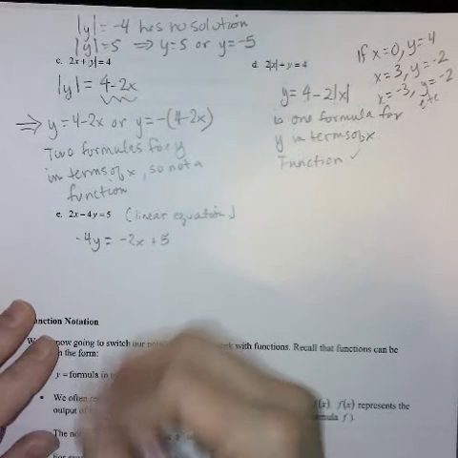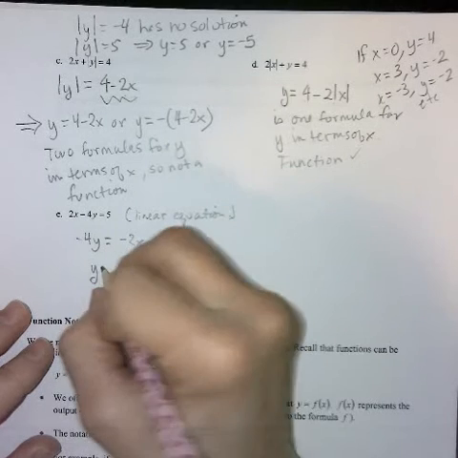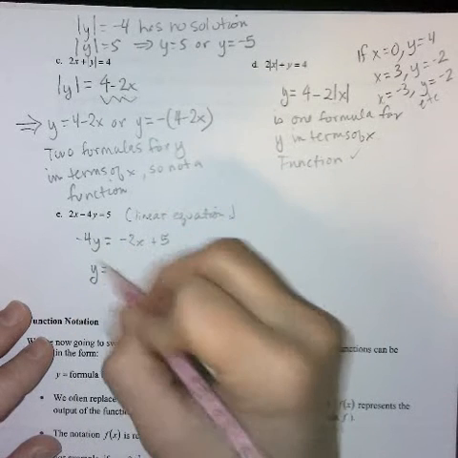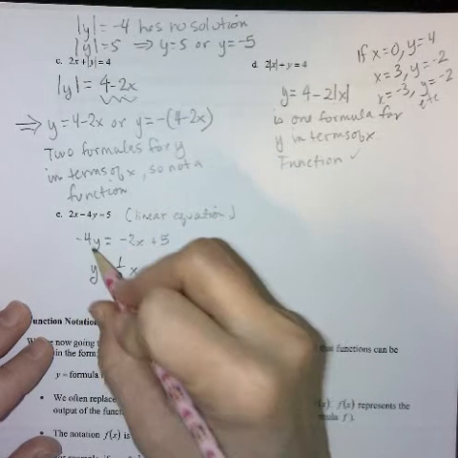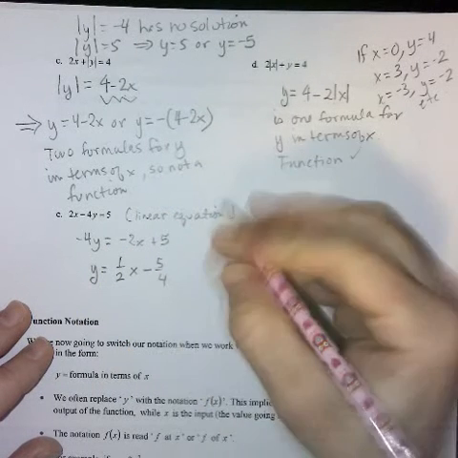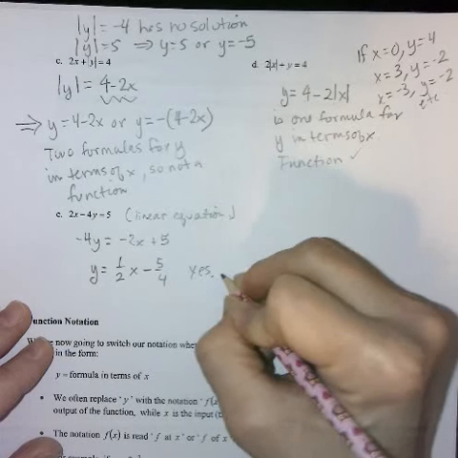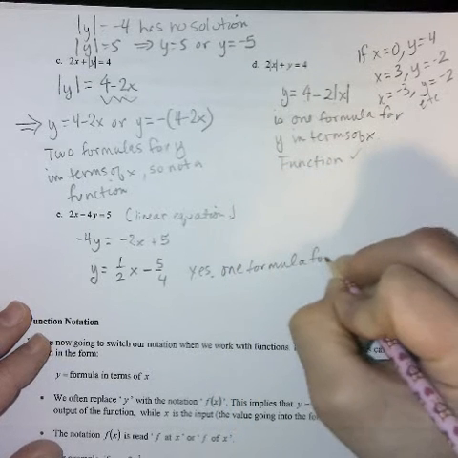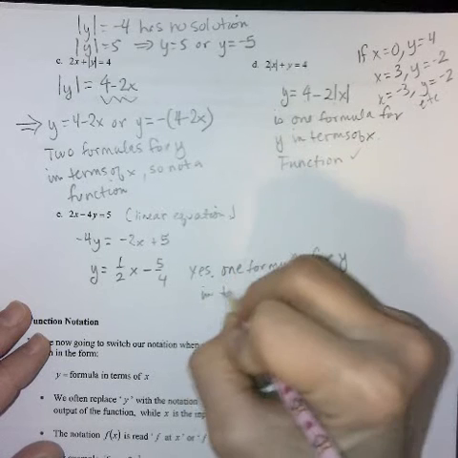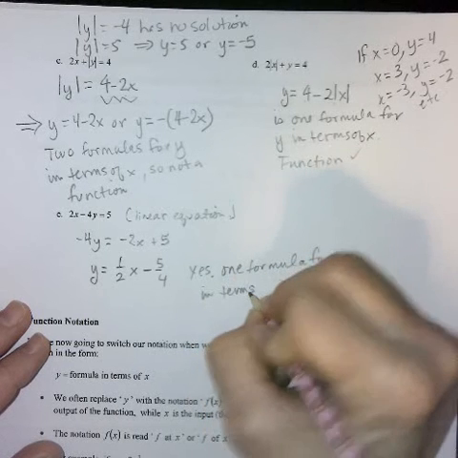Divide everything by negative 4. Y is negative 2 over negative 4, which is a half x. And then 5 over negative 4 is negative 5/4. So yes, one formula for y in terms of x. By yes, I mean it's a function.